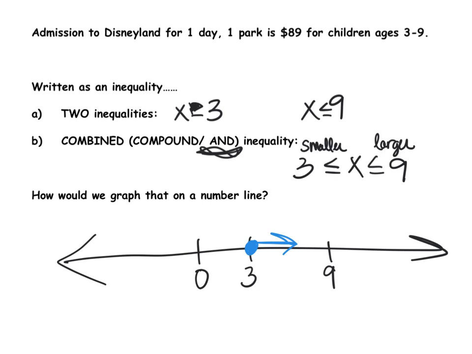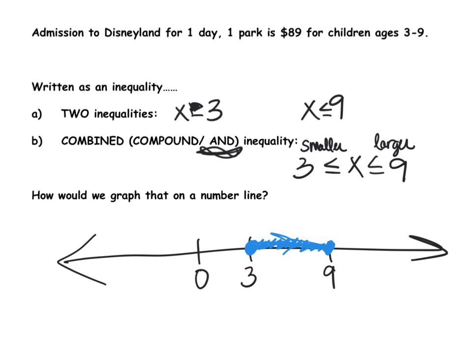Now, my 9. Closed circle or open circle? Does it go greater than or less than? Yep. My inequalities connect. That means that any child 3, 4, 5, 6, 7, 8, or 9 can get in for the price of $89.